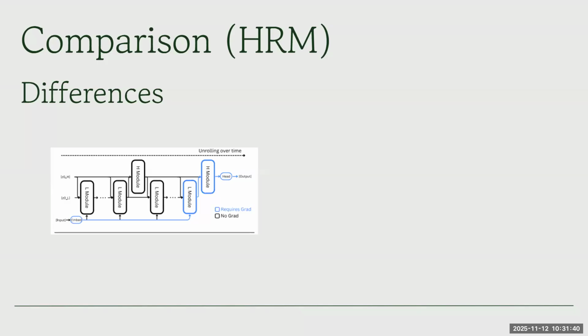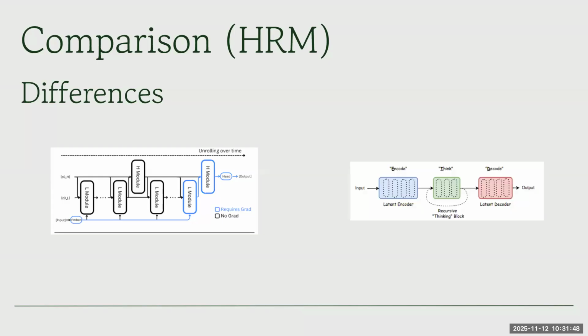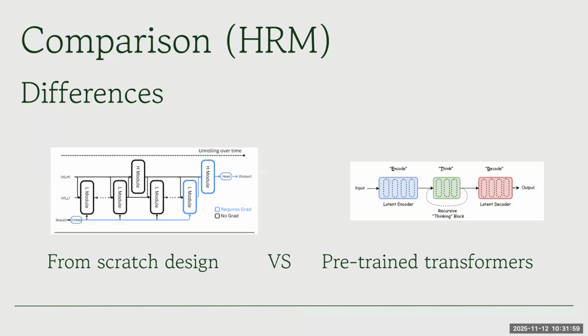Again, you have this two-component setup, and in ETD, you have just a single recurrence block where you're just looping the computation over your thinking section.